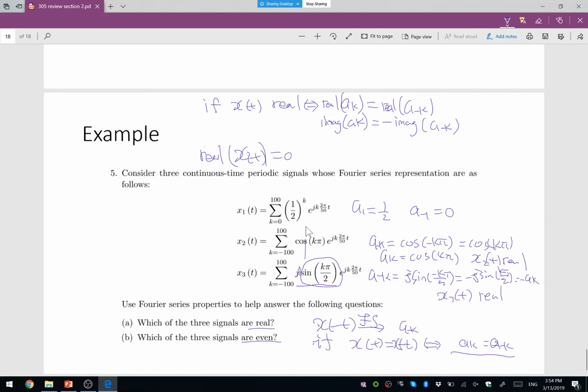Really? Okay, let's see. The real part of a_k is 0, and the real part of a_{-k} is also 0. So they are equal. And the imaginary part of a_k is sine(k pi/2), and the imaginary part of a_{-k} is sine(-k pi/2), and that equals minus the imaginary part of a_k.